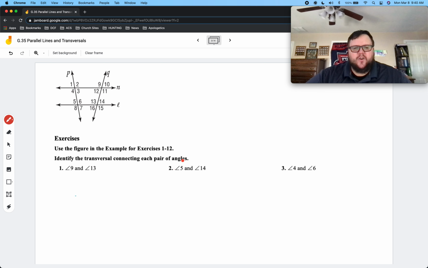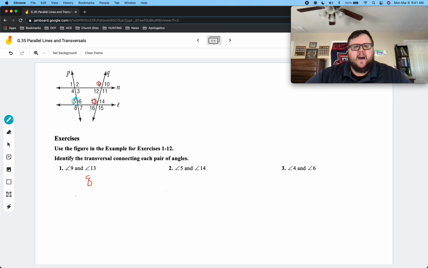Identify the transversal connecting each pair of angles. So for number 1, we have 9 and 13. All we're talking about is what transversal is connecting them. So in this case, the transversal that's cutting through both of those lines is Q. So that's all I'm doing. I'm identifying the transversal.